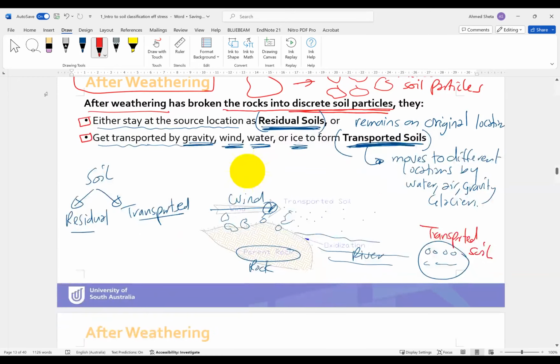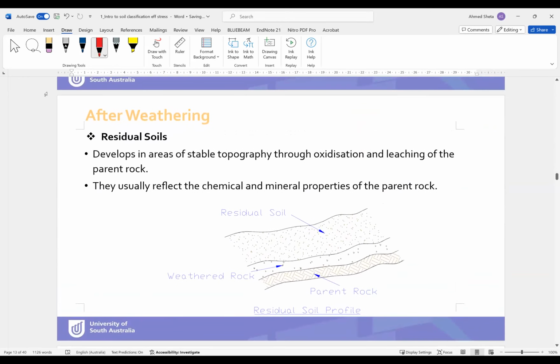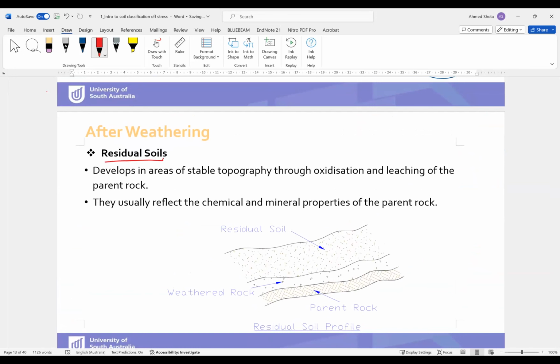So now we start the definition or understanding of what residual soil is. Again, residual soil is soil that remains in its original location.